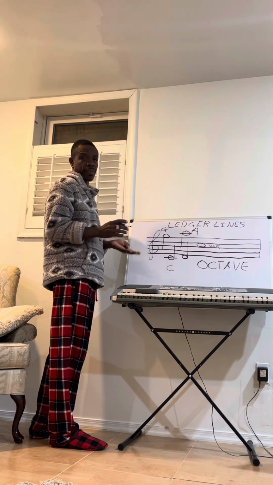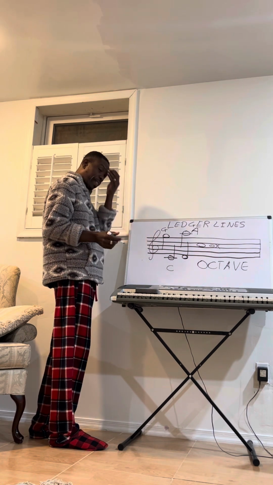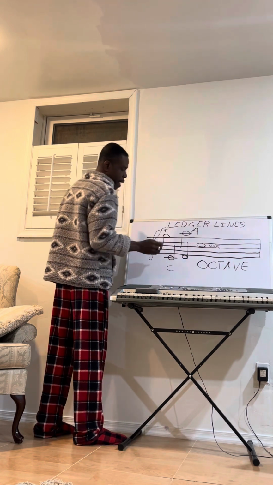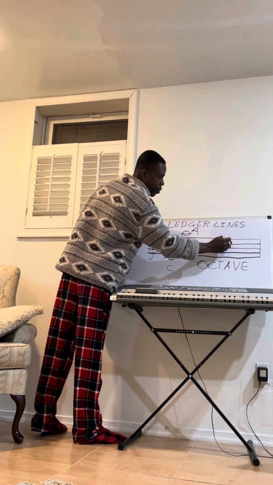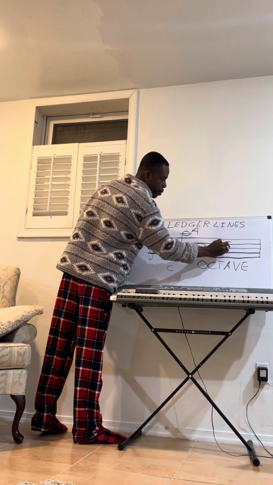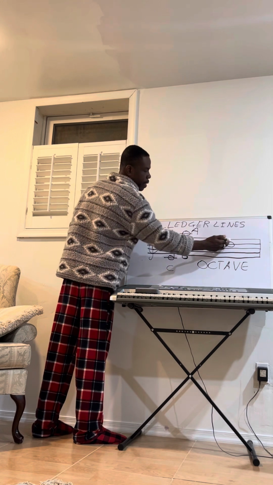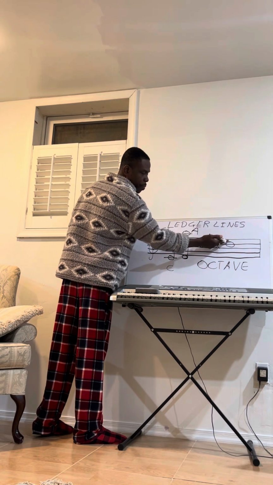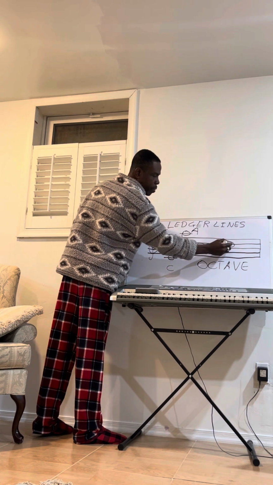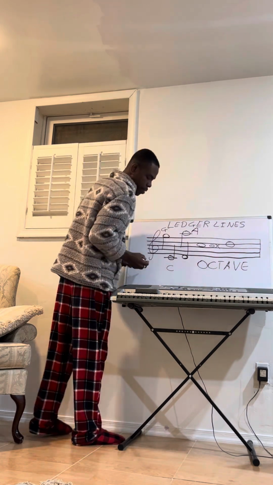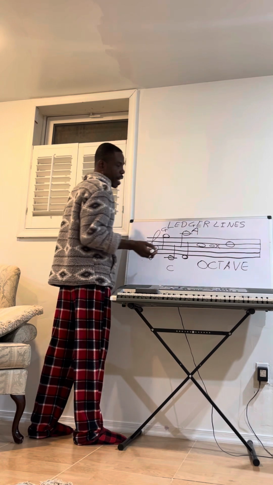Where that falls, that's how we know what note it is. And writing notes on the line, as I said before, the line must go halfway through the note, halfway in the space above and halfway in the space below. That's how it should be.